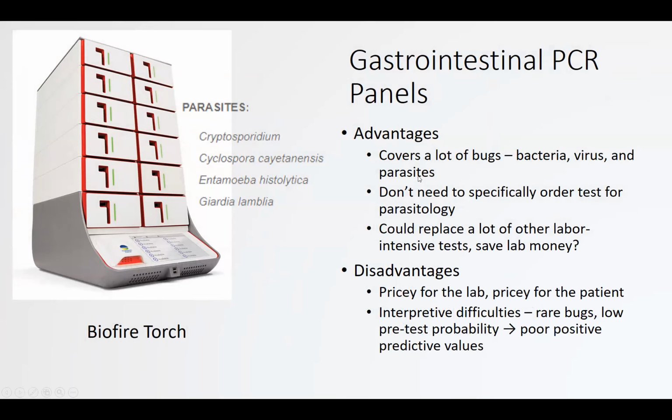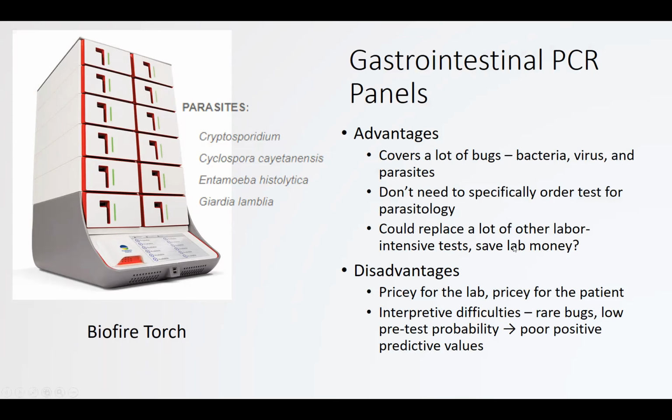So the advantage of these, it covers a lot of bacteria, it covers a lot of viruses, it covers those 4 parasites. And because of that, you don't need to specifically be thinking about parasitology. You can just say, this person's got gastroenteritis, I'm going to run the panel. I don't need to think in my mind, is it possible this is a parasitic infection?